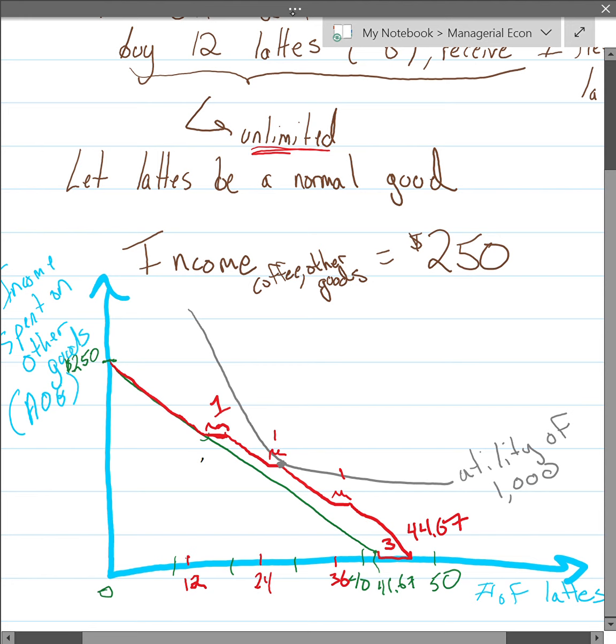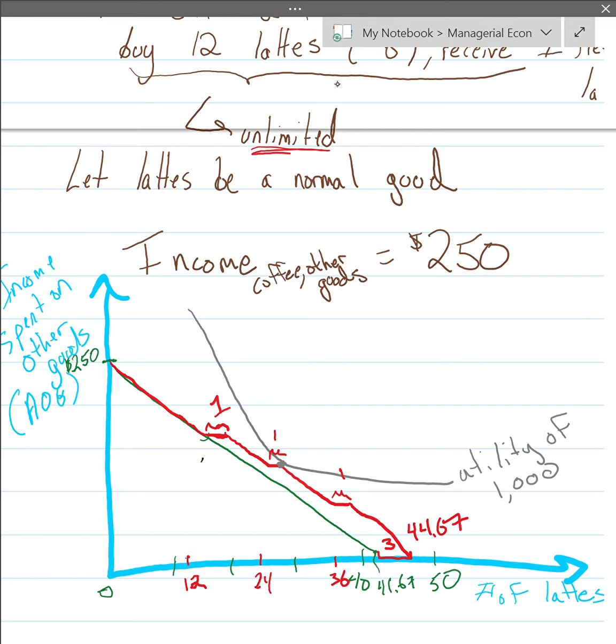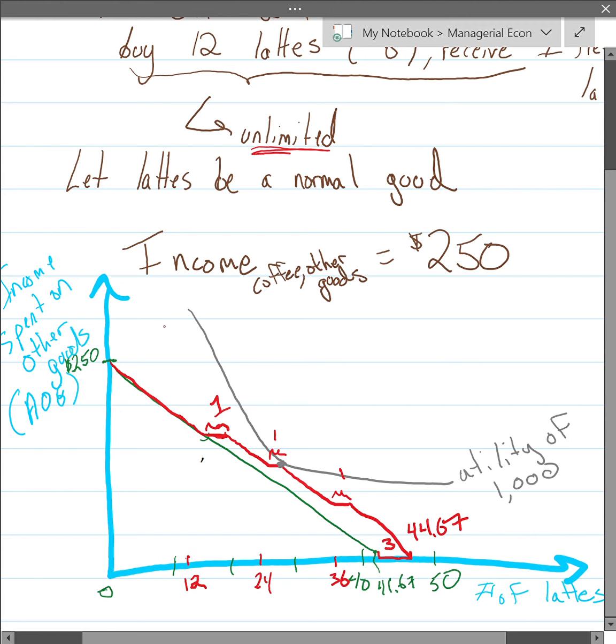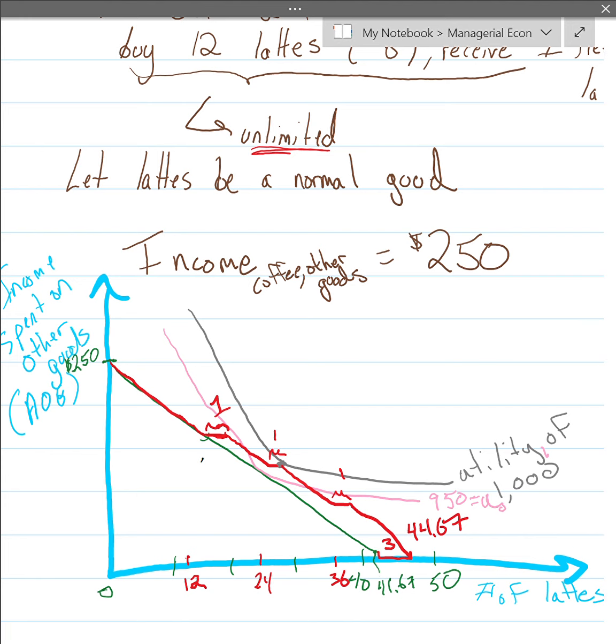Whereas before, our old indifference curve that we were on before the frequent buyer program came into effect, that had a utility of maybe 950. So this is our U1, that's our U0, and hopefully that helps to clarify things a little bit. So I'll stop this video and go on to the next one. Hope that helped.